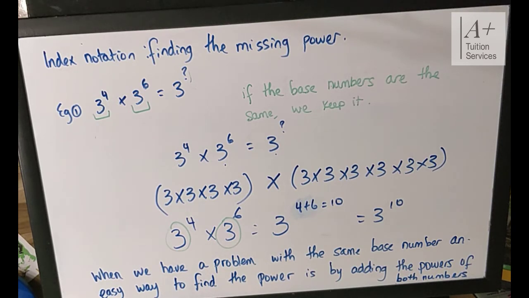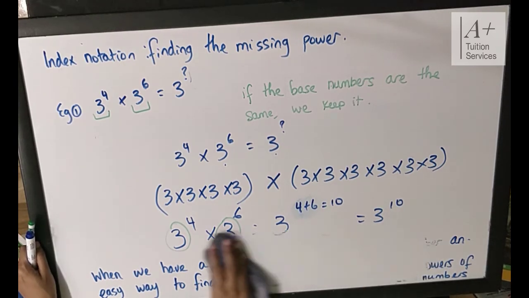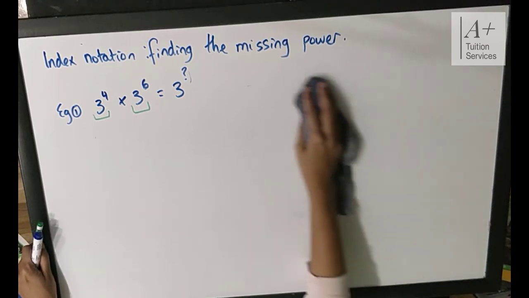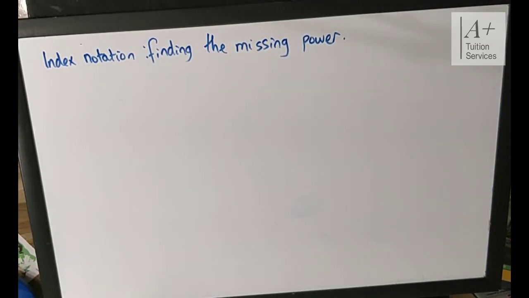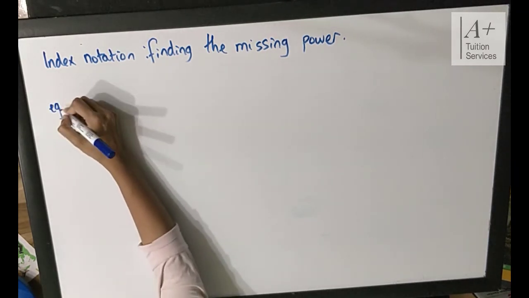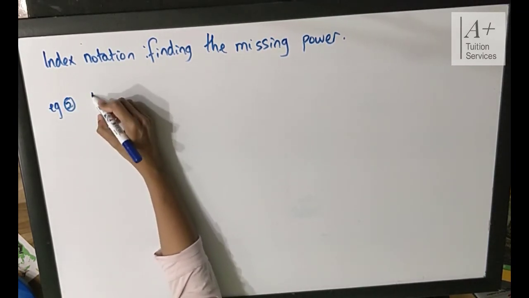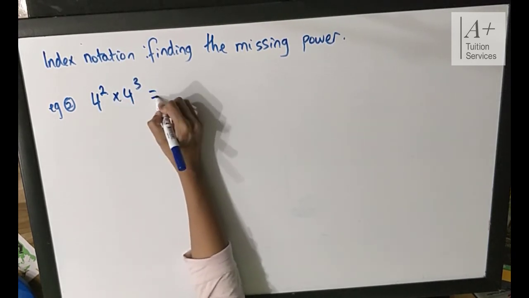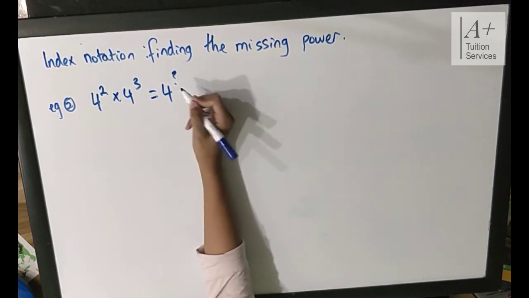Okay? So let's do another question now. So then call this example 2. Example 2 has 4 squared multiplied by 4 cubed, which is equal to 4 and a missing number.